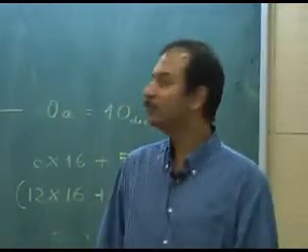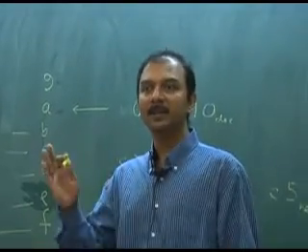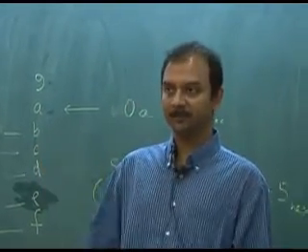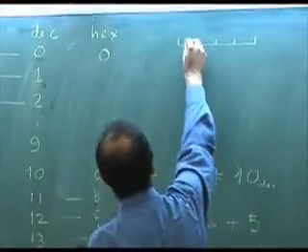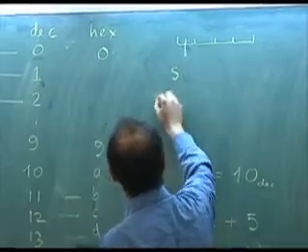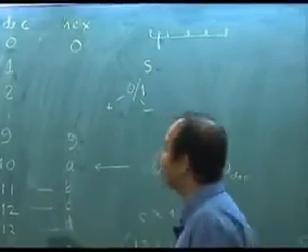Now, a very simple way to represent positive and negative numbers is to set aside one of the bits as a sign bit. So suppose I was given a 4-bit position. I say this is going to be my sign bit, which can be either 0 or 1. 0 might mean positive, 1 might mean negative, say.